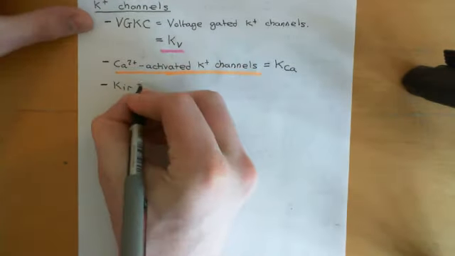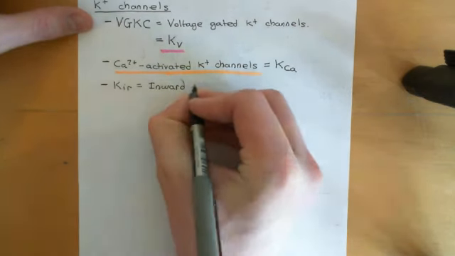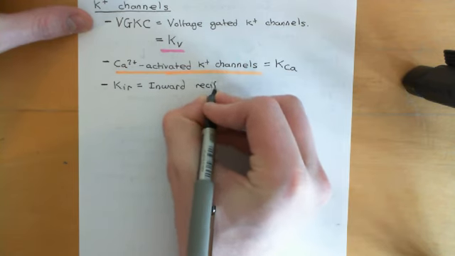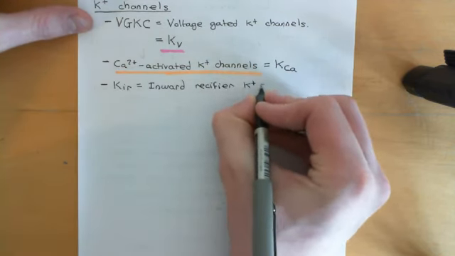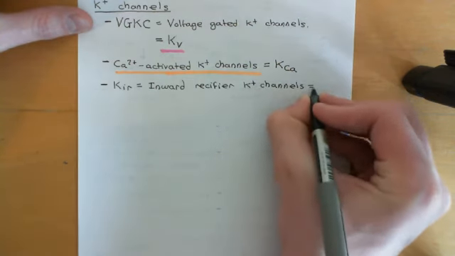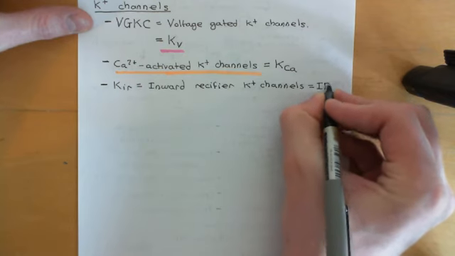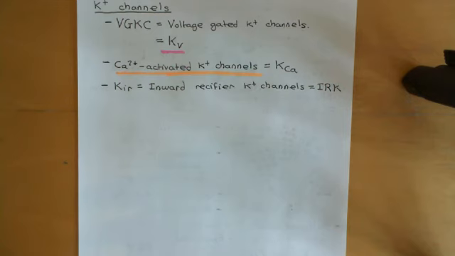Okay, KIR then, which are the inward rectifier potassium channels. And these can also be denoted as the IRK channels. So I for inward, R for rectifier, and K for potassium channels. So either of those nomenclatures we will see. And we'll discuss why they're inward rectifier potassium channels in a moment.